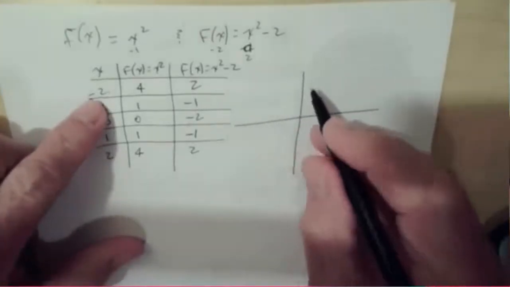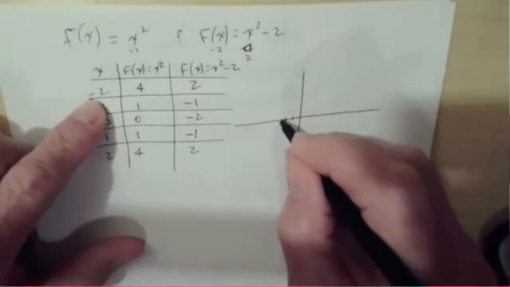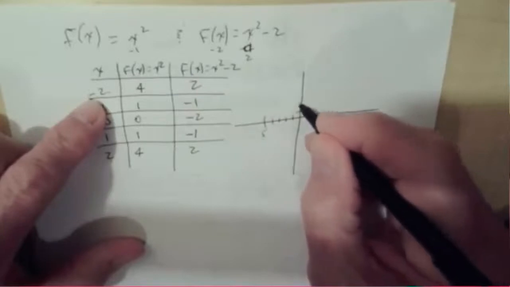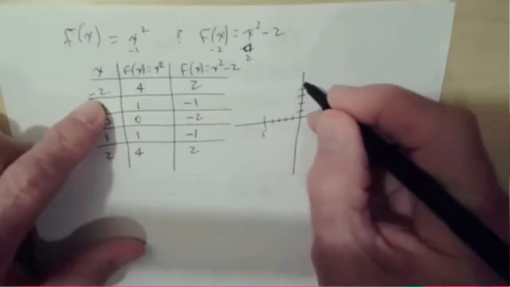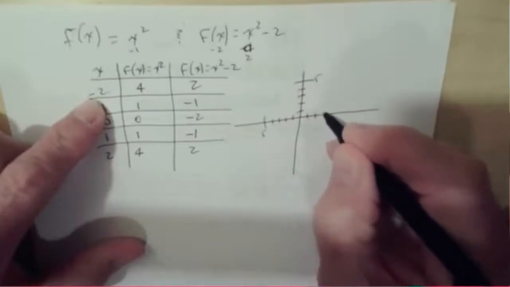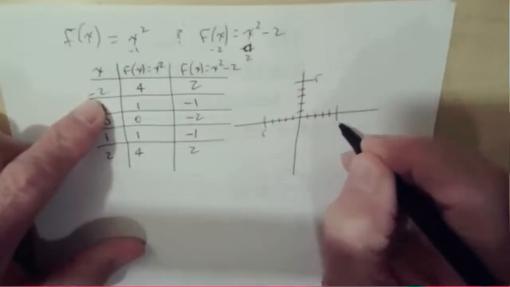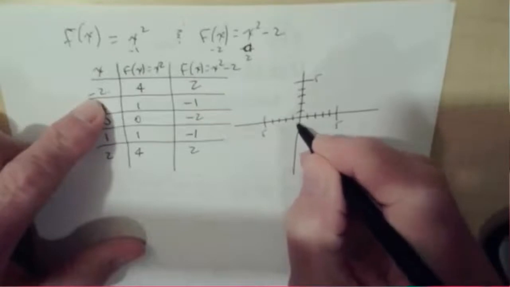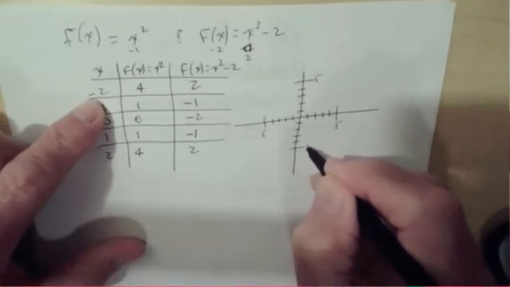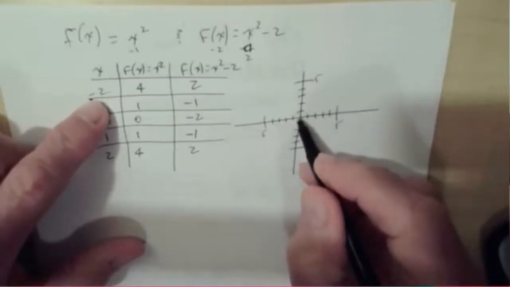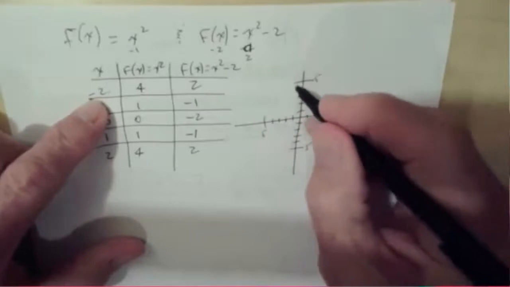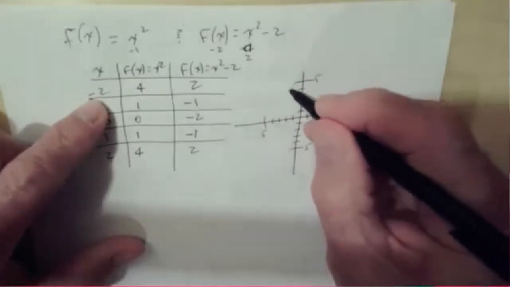Negative 2, 4. So negative 2, 4, up 4 would be about here.